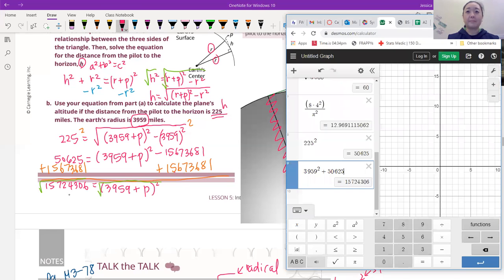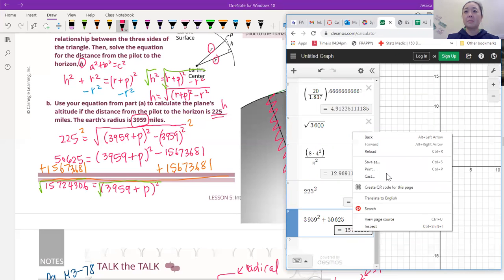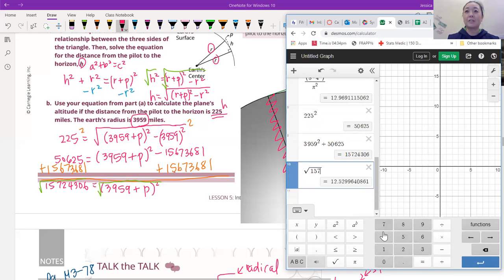So, okay. So we're going to take this number. Ooh, I wonder if I could just copy this number. Okay, never mind. So we're going to do the square root of 15,724,306. This is where I wish I had an actual calculator. I could have just done square root of the answer, but oh well.